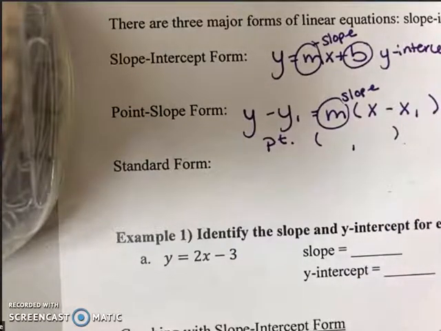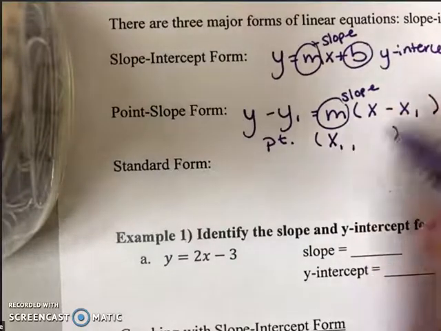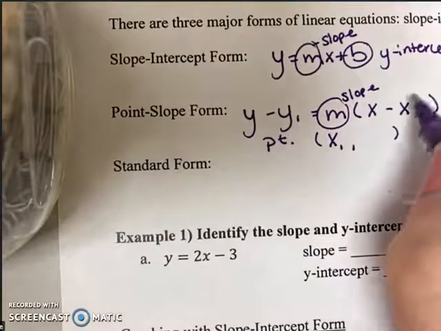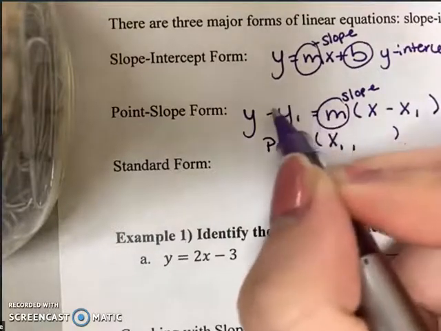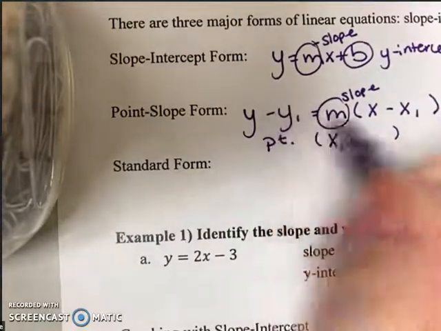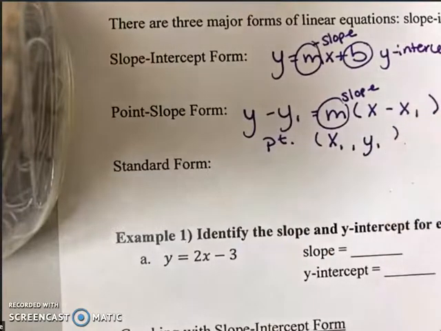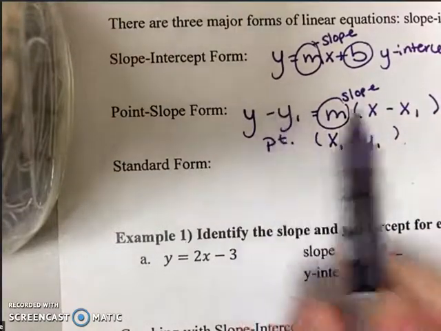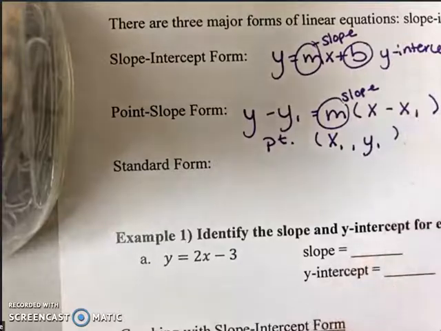Points are always in the form x comma y for a coordinate plane. Now, I'm going to put x1 because it's actually going to be the number that's right here, and y1 because the number we're going to look at is right here. Notice how we are subtracting these values. That's going to be important for when we see our examples later on in example 3 and example 4.